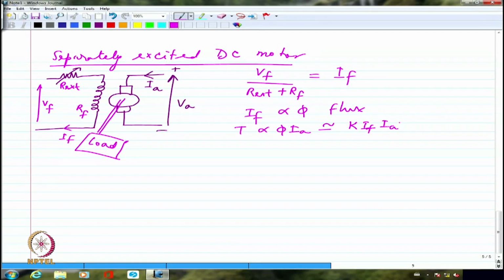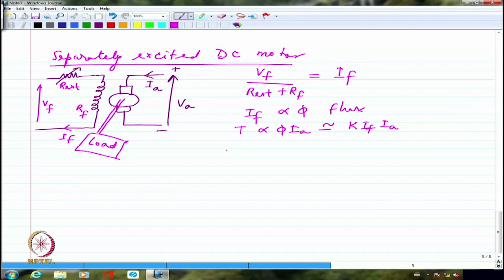So if I want to adjust the torque, I might like to adjust my field current or armature current, as the case may be. So whenever I want a torque control, I might adjust my armature current or field current. So this essentially tells me there is some kind of control operation I can incorporate into the DC motor to arrive at the required value of torque, required value of current, required value of speed and so on.